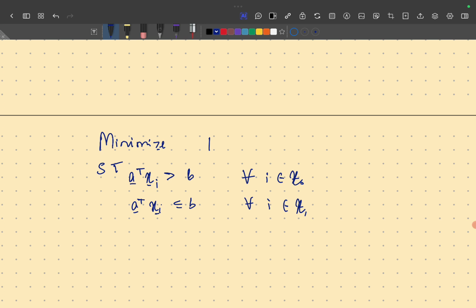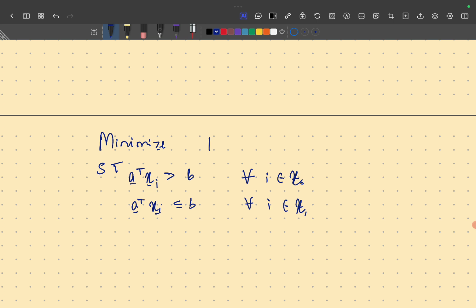So if I'm able to solve this optimization problem, what would it give me? The hyperplane. It would give me a hyperplane that separates these two sets. If there is no point that satisfies these constraints, then it outputs nothing, right? Because there is no hyperplane that separates the two sets.